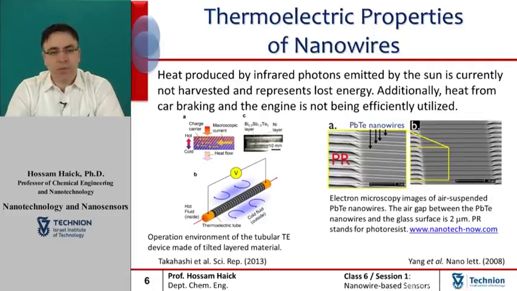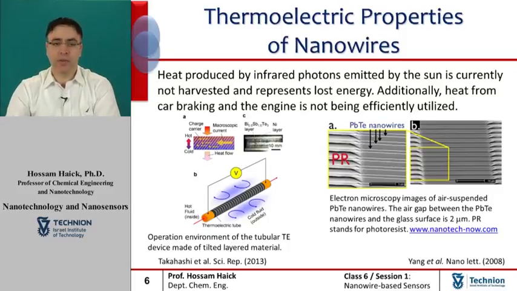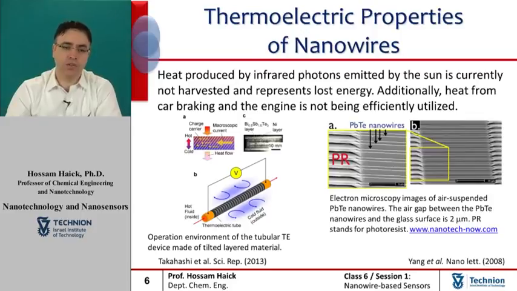Besides the unique properties of the nanowires for thermoelectric applications, the fabrication of the devices is made more and more cost-effective. Indeed, many efforts have been put into the relatively easy and cost-effective fabrication of such devices. One example is presented on the right side of the slide.